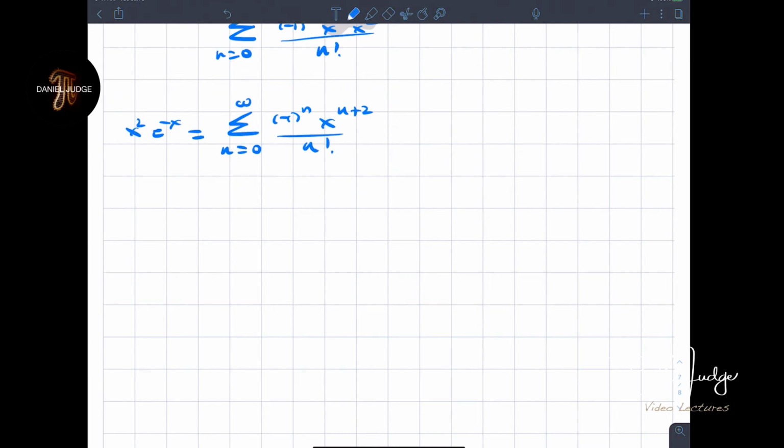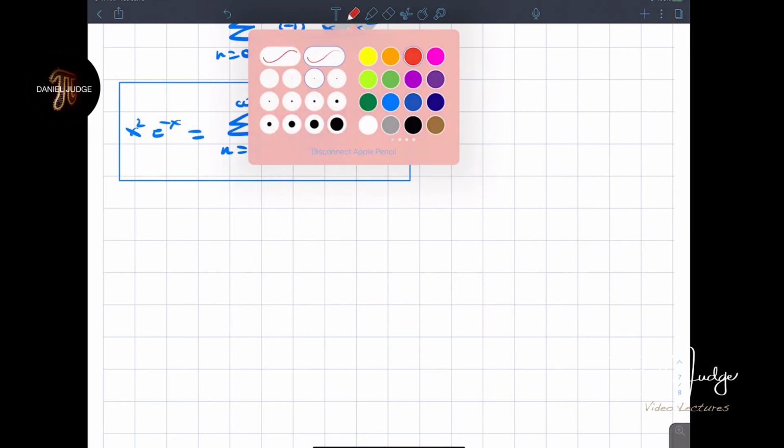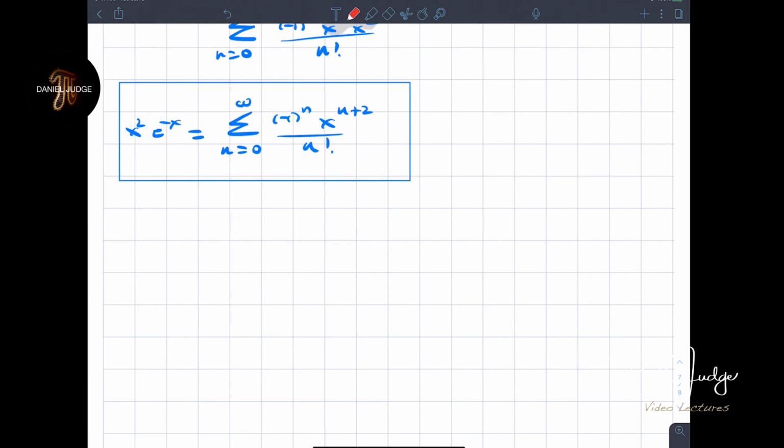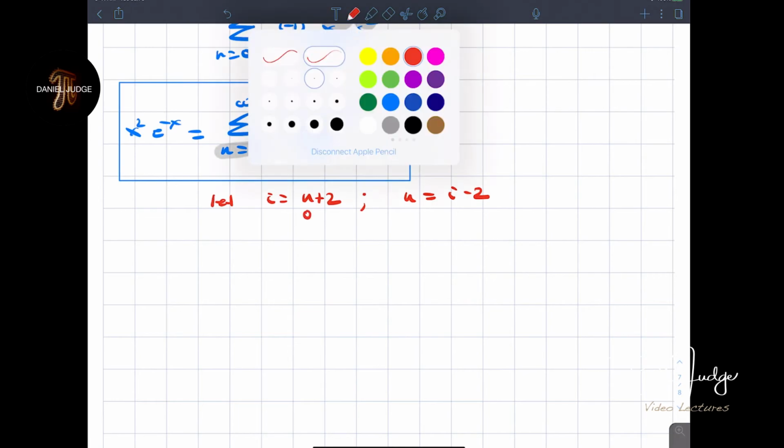But if you're looking back at the book, as we've been seeing for some of these expansions, you might say, Mr. Judge, can I let i be n plus 2? You can. And then that means, by the way, n will be i minus 2. And even though they said start this series with n is 0, well, if you put 0 for n, that means i is 2.